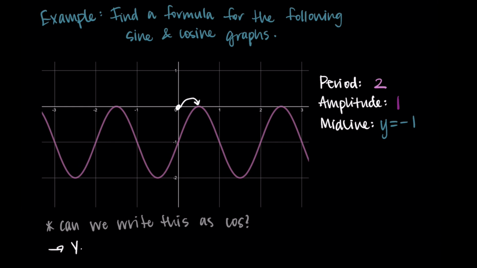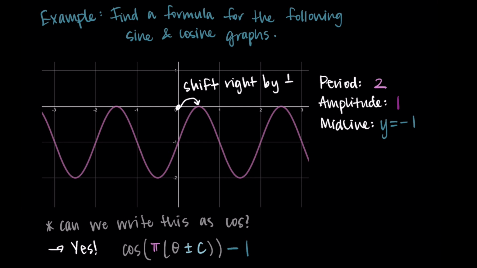So what I'm seeing is that we're going to need that phase shift, that C transformation, if we want to use cosine. So we still keep pi as the B and -1 as the D, but then we just need to incorporate that plus or minus C. Specifically, since we're shifting to the right, that's going to be a -1/2 inside those parentheses with my theta.